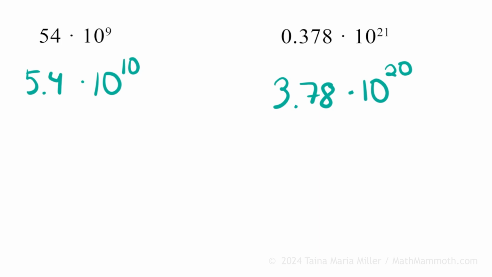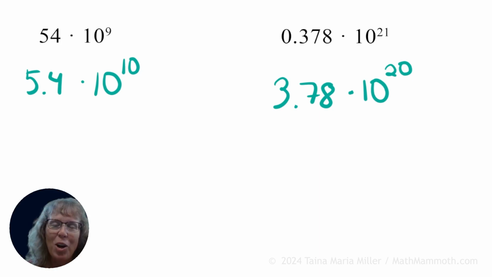I hope you followed my reasoning. This number here, I had to multiply it by 10 to get it to be between 1 and 10, 3 point something. So then, that 10 came from this 21 copies of 10. So then it leaves 1 copy less of 10 multiplied by itself. Okay, so now they are correctly written in scientific notation. And I hope this was helpful.